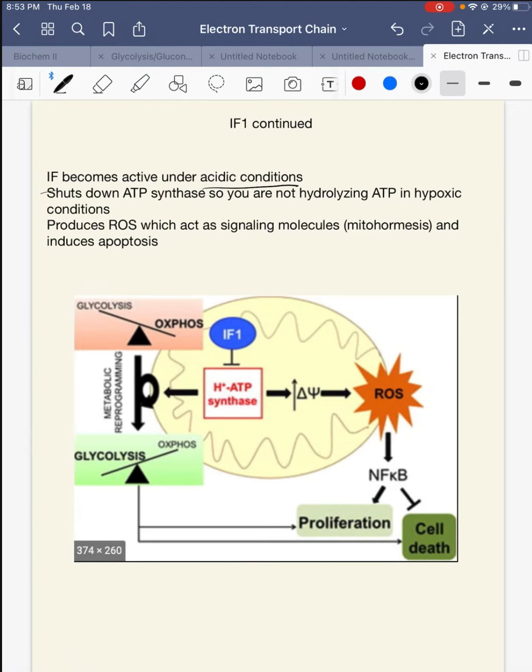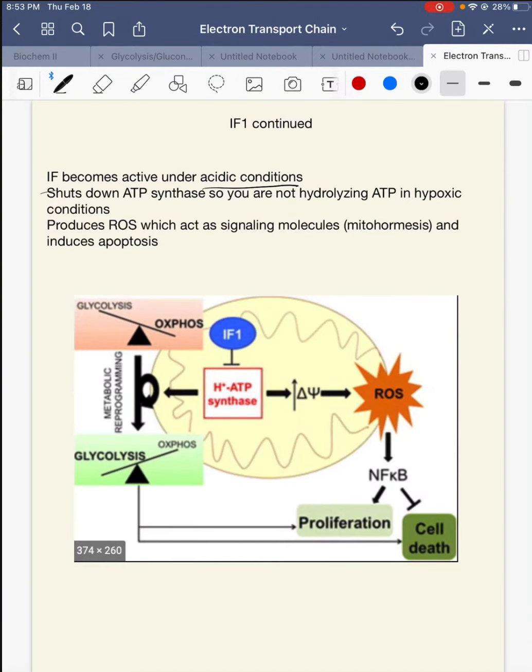And when you run anaerobic respiration, you make lactate, and you're under very acidic conditions, because the cell is making a lot of lactate. The cytosol starts becoming really acidic. So that's when IF1 becomes active, because whenever the cell becomes really acidic, it's another way to tell the cell that we don't have enough oxygen to be running the electron transport chain and ATP synthase. So it becomes active under acidic conditions.